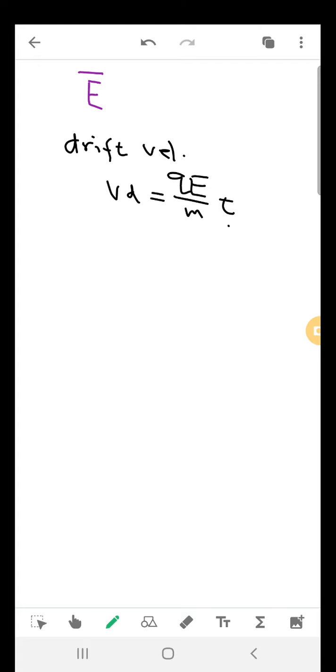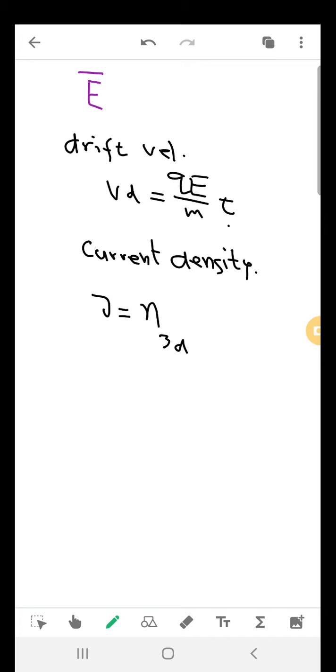So due to this drift velocity, the resulting current density will be J equal to n3D, the density, times q times Vd.